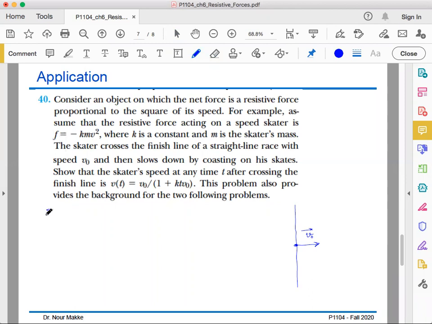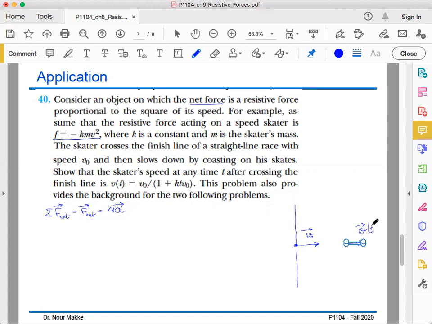So we know that the sum of external forces that are applied on this object, on this person, which is nothing else than F net, is equal to the mass of the object multiplied by its acceleration, right? Now, we know that the net force in this case is the resistive force, which is given by this expression. If the object is moving in this direction, it's just V at any time.